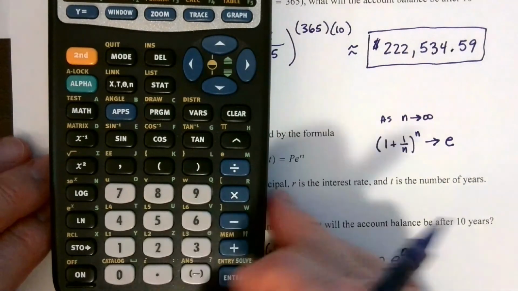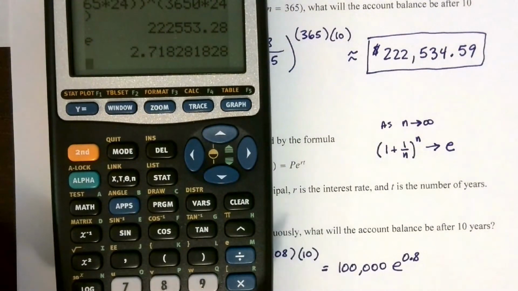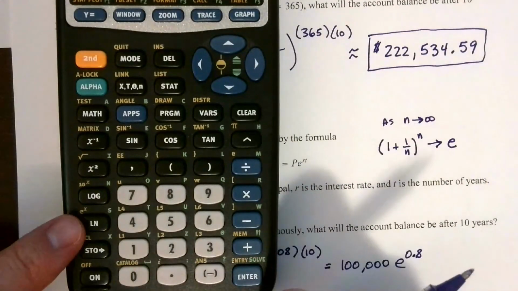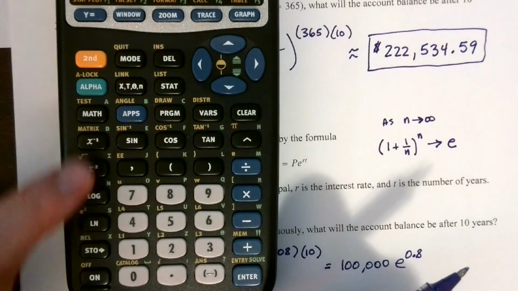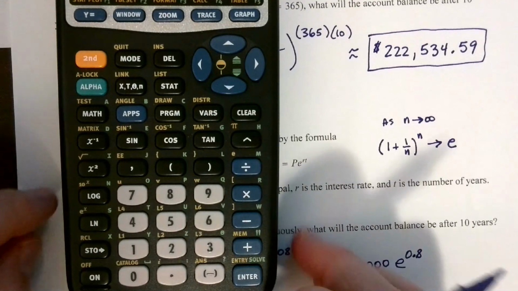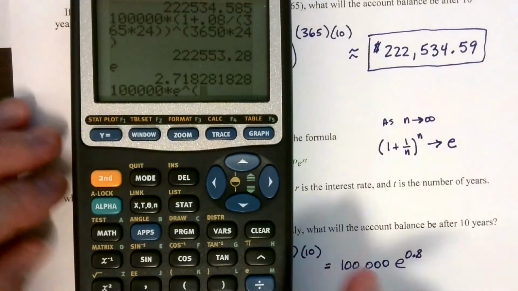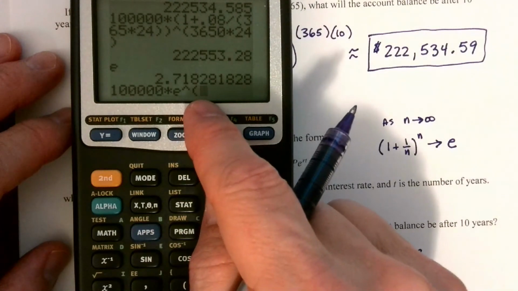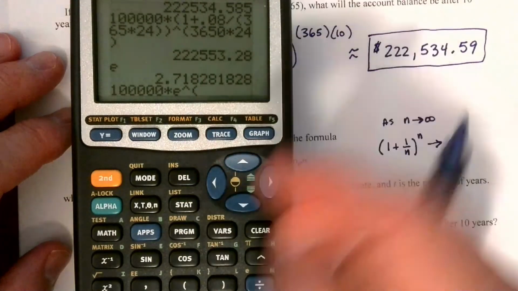So I've got 100,000 times, and then I'm going to hit this key here, right next to the 4 key, so it's second. I want to get the yellow e to the x. And what it does in the TI-83, this old school one, it does like this. If you have a newer calculator, it might put it up as an exponent.